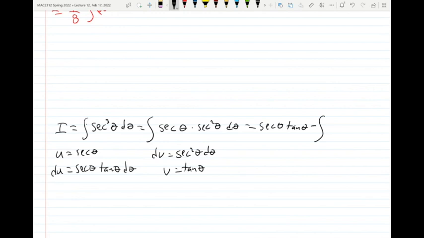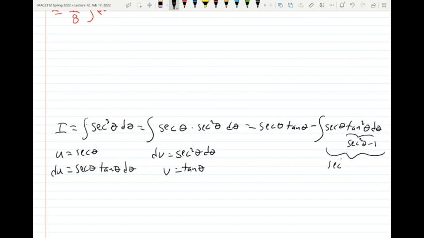So that would be secant tangent squared. And then the idea here was to rewrite, because now we rewrite this as secant squared minus 1.